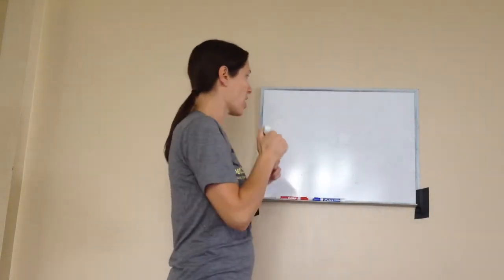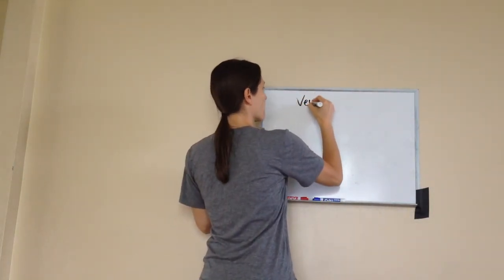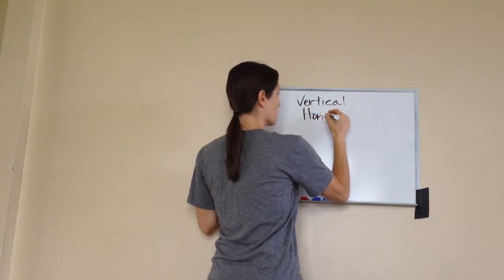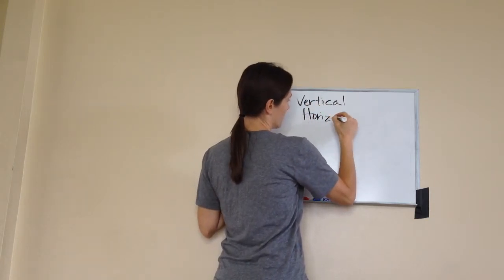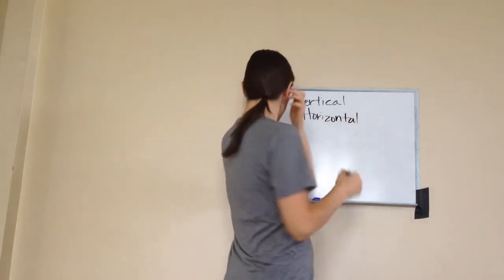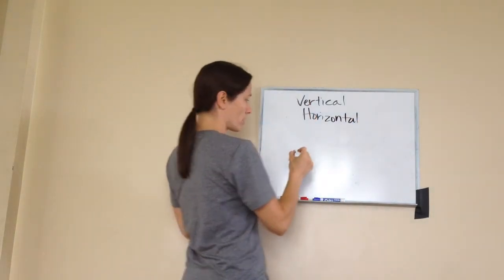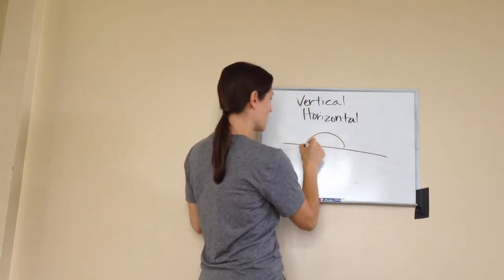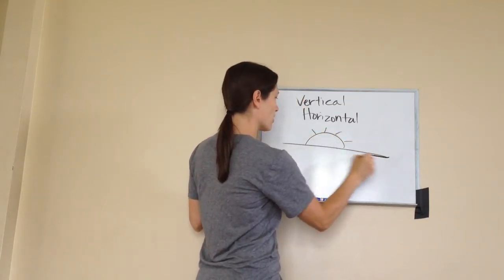Okay, one last thing is that on Earth we refer to objects as being vertical and horizontal. A lot of times you can think of a horizontal line as we have the horizon and the sun comes up on the horizon.